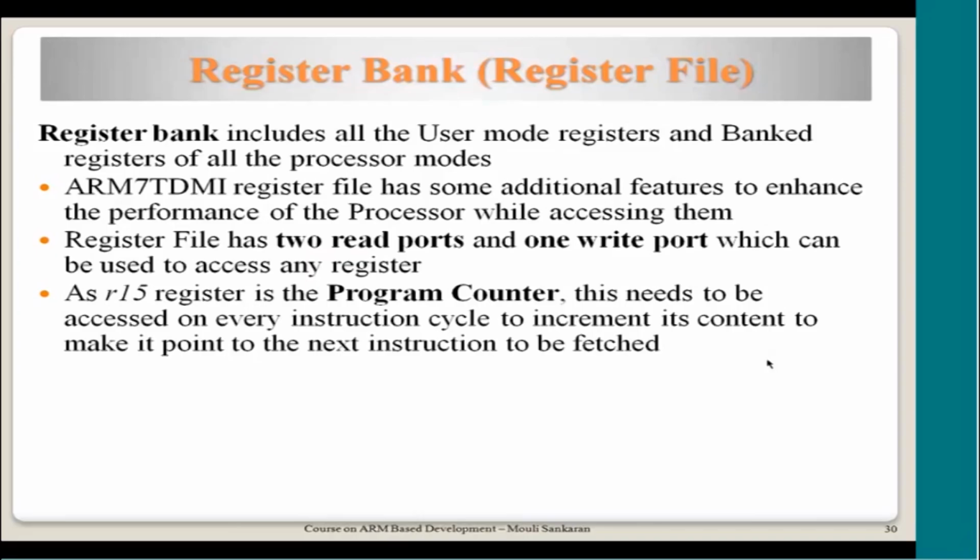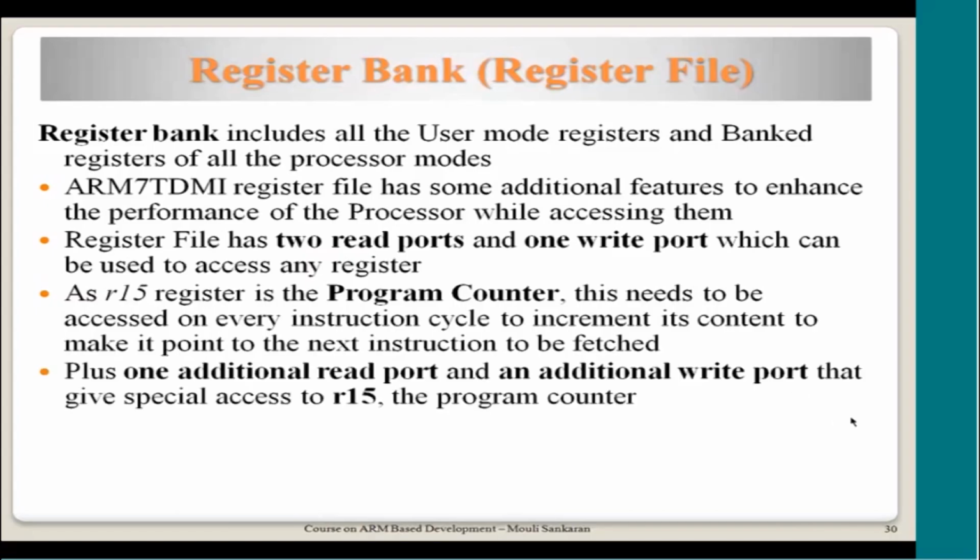And if you remember, R15 is also part of the register file, and it is a special purpose register, the program counter. Now you know very well that when the program has to execute, it has to increment the program counter and keep on accessing the instructions from subsequent sequential addresses in memory. Where does it have to be written?